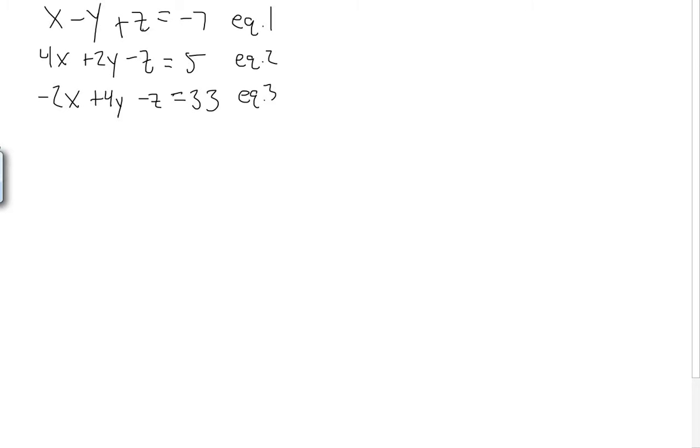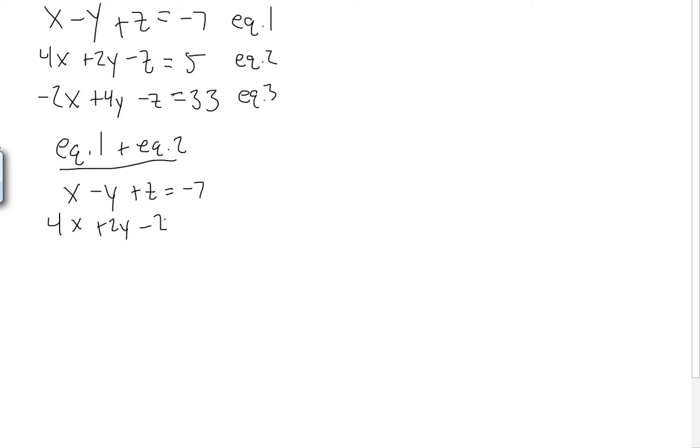All right, so you're supposed to choose a pair and eliminate the z's. If I'm just looking at pairs right away, I see equation 1 and equation 2 are both ready for the z's to be eliminated already. So I can take equation 1 and add equation 2 to it. I have x minus y plus z equal to -7, 4x plus 2y minus z equal to 5, so that when I add these two vertically, the z's eliminate.